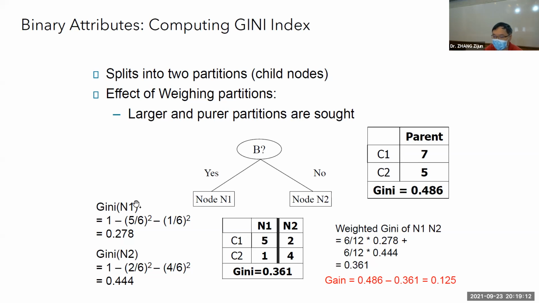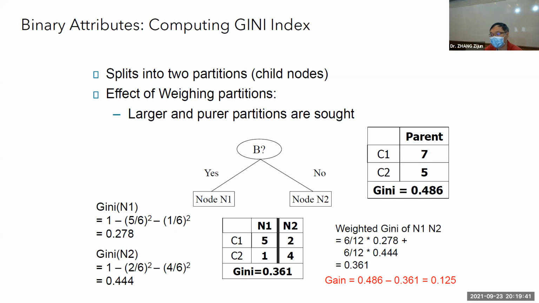So we compute the Gini at N1, which is 1 minus (5/6) squared minus (1/6) squared, which is 0.278. And for N2 it is 0.44. Then the weighted Gini is 0.361. The weight is 6/12, right?